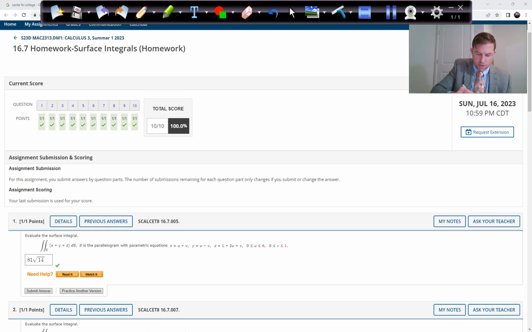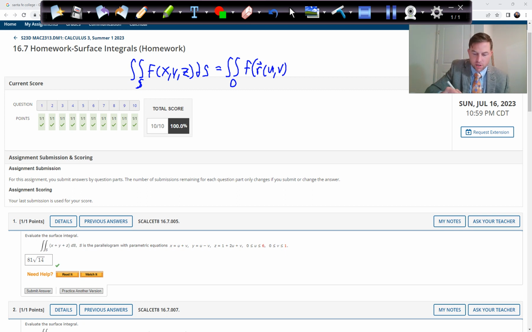The double integral over the surface S of a function of x, y, and z with respect to dS, we're going to change to a double integral over some region D of the function of this vector r, the parametric representation in terms of u and v, times the magnitude of the cross product of the partial of r with respect to u and the partial of r with respect to v.